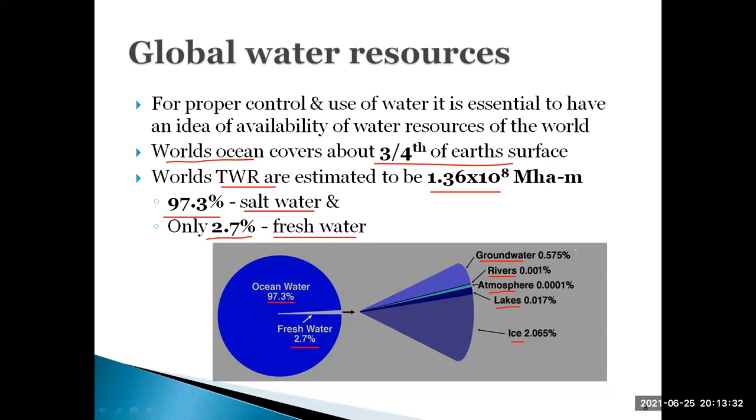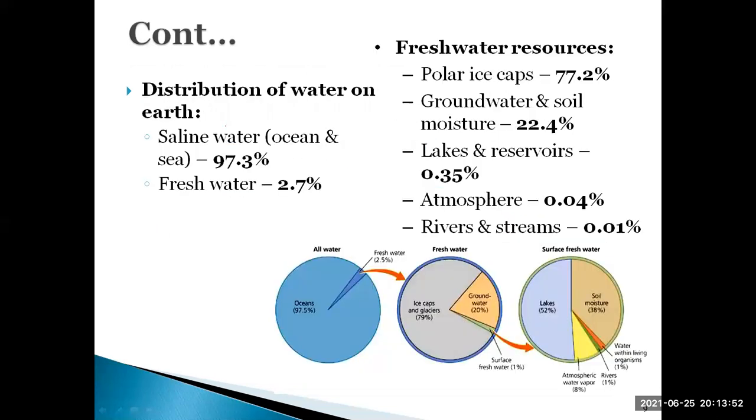Groundwater is 0.75%, rivers 0.001%, atmospheric water like water vapor is 0.0001%, lakes around 0.17%, and ice about 2.065%. As I told, salt water is 97%, and fresh water is only about 2.7%.